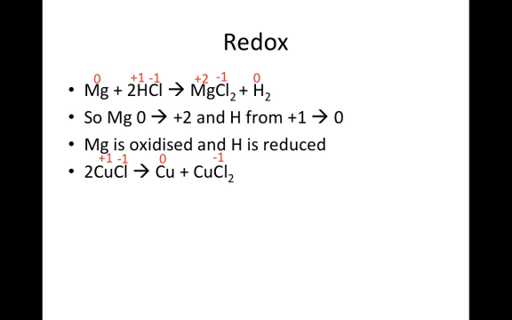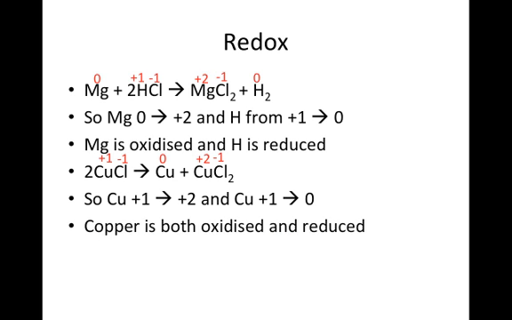So the other copper in CuCl2 must be +2 to balance out the 2 chloride minuses. This means the copper goes from +1 to +2, but it also goes from +1 to 0, which means the same element, copper, is both oxidised and reduced. This sort of reaction is called a disproportionation reaction.